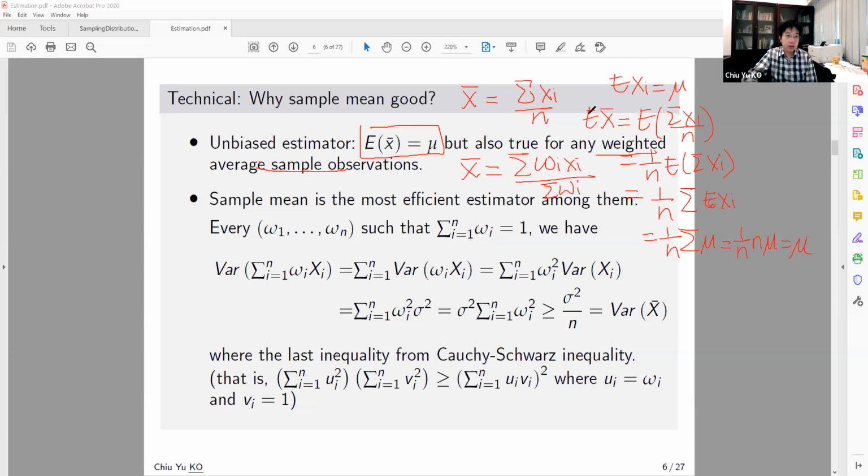Actually, you can repeat the proof. 1 over n becomes 1 over the sum of omega, and this is the same as the sum of omega i mu, and they cancel out, it is still mu. So any weighted mean is also unbiased for mu. For this point, is it okay?